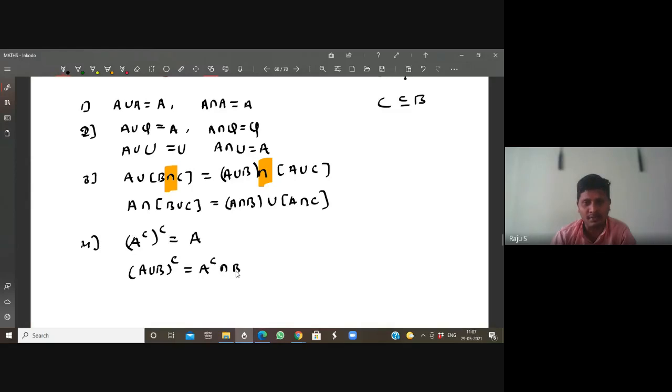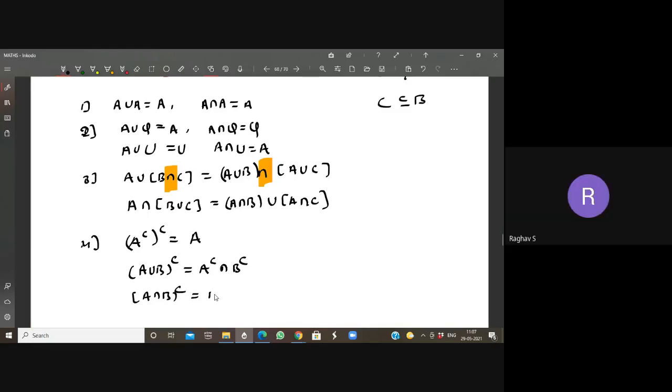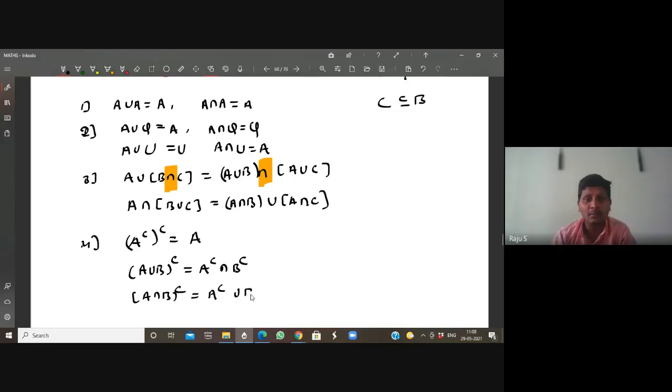Union becomes intersection. You have to remember this. Then (A intersection B) whole complement is A complement union B complement. If I take intersection on the left side, it becomes union on the right side. Union becomes intersection. You must remember these formulas.